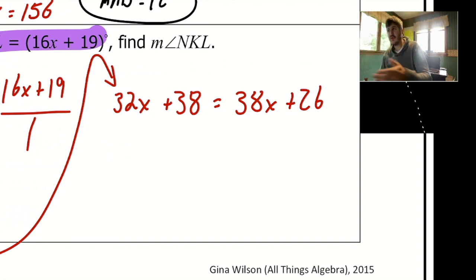And I'm actually going to put the 32x on the other side instead of keeping x on the left-hand side, because 38 is bigger. They're both positive. I just think it's nicer to work with positive numbers. So I'm going to choose to put x on the left-hand side.